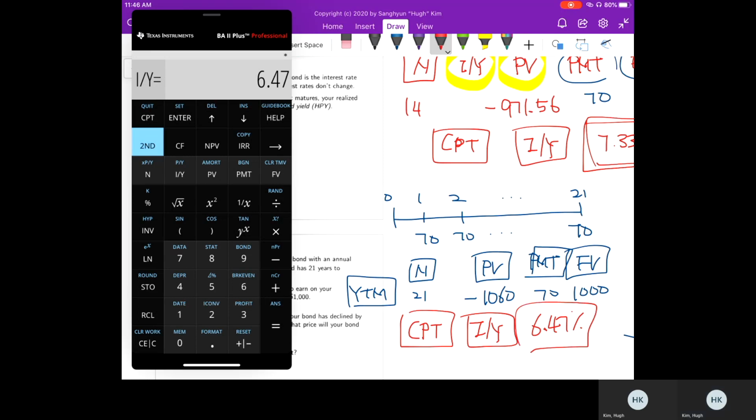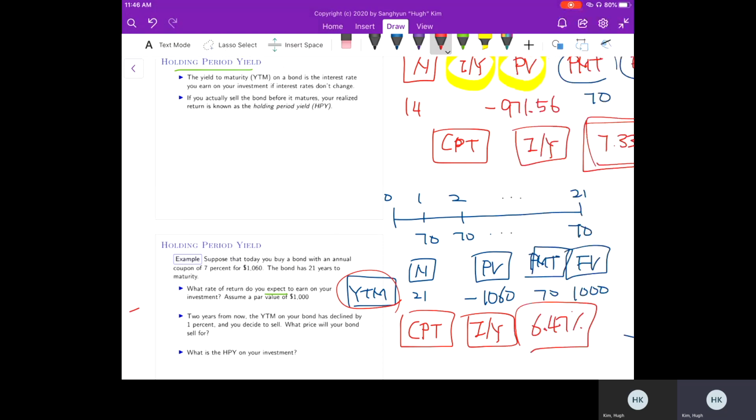And that is yield to maturity, because the period here is a year, so this is already an annual number. We don't have to multiply that by 2.